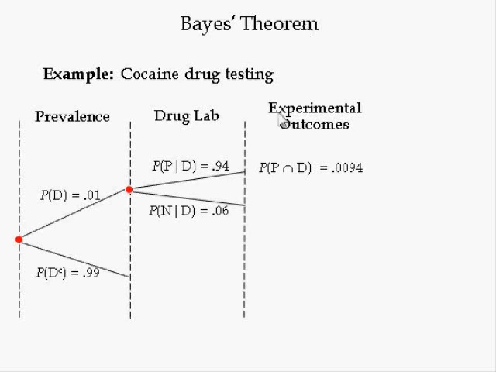Remember the multiplication rule. The probability of A and B equals the probability of A given B times the probability of B. Using the multiplication law again yields the probability that an employee tested negative and is a druggie.